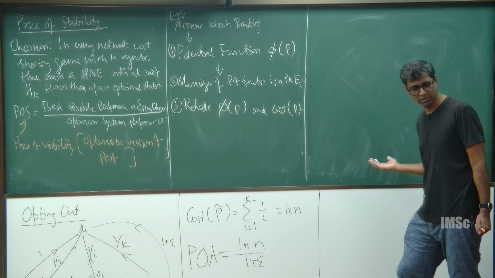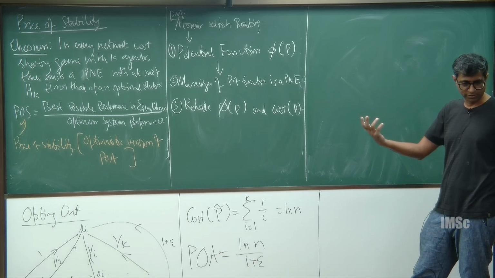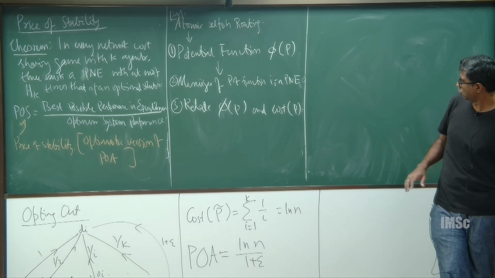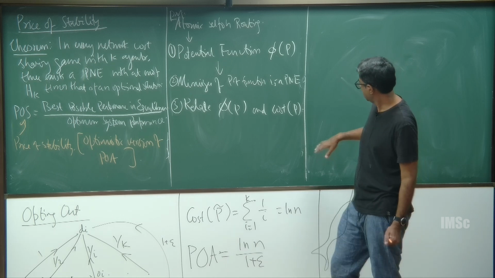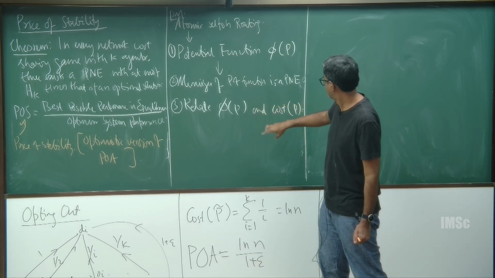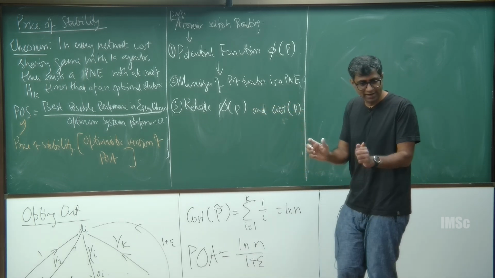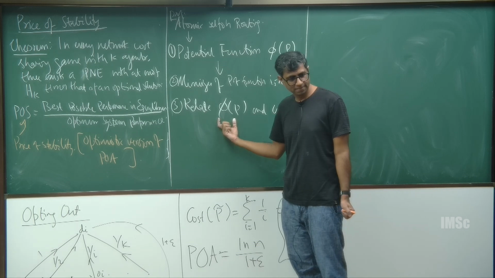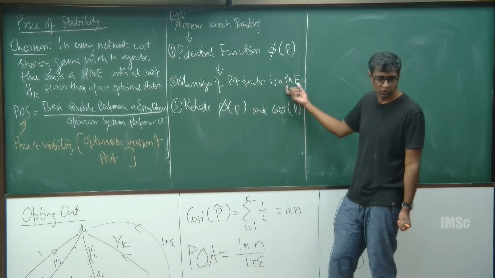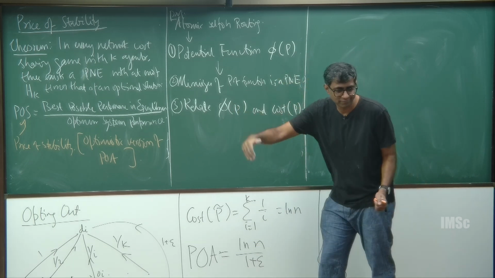At least this is how I view it: I do not know how to do cost p, so I relax it to phi p, relate phi p to my equilibrium, and then go back.